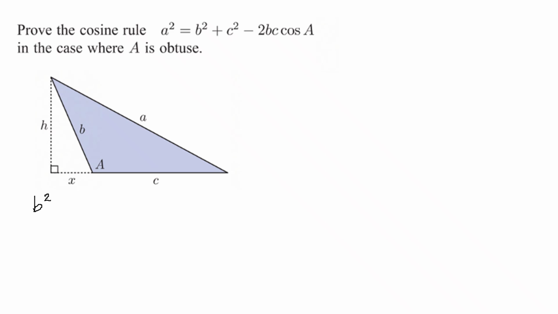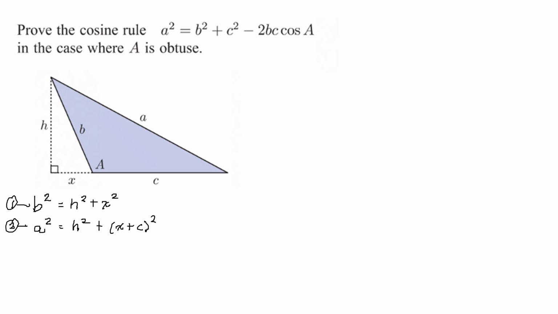Applying the Pythagorean theorem, we say that b squared equals h squared plus x squared. Another right triangle: a serves as the hypotenuse. a squared equals h squared plus x plus c, the bottom side, squared. Okay, so we already have two equations.